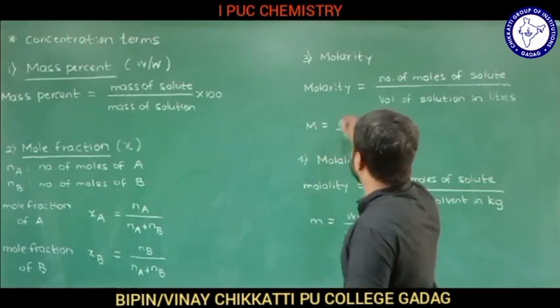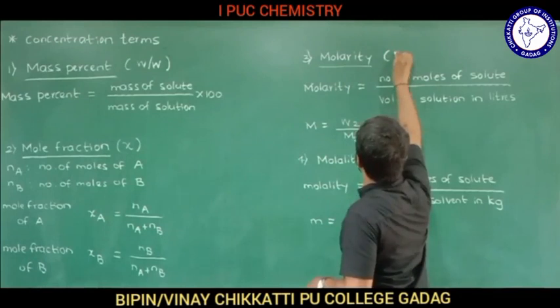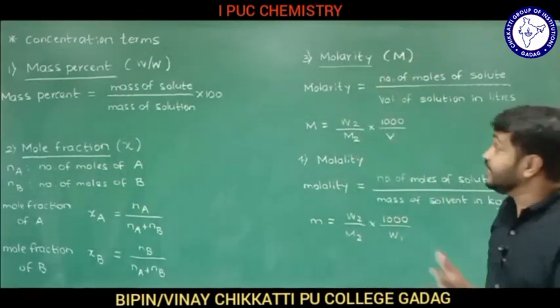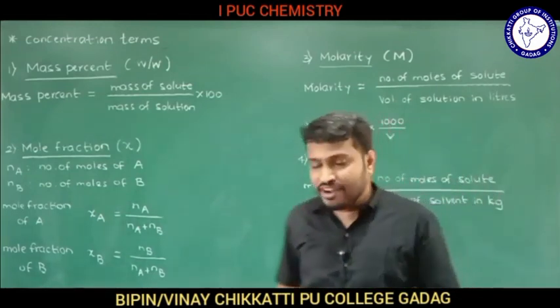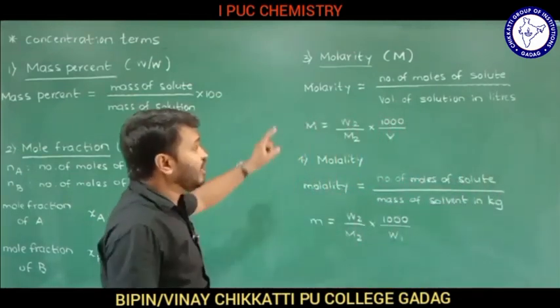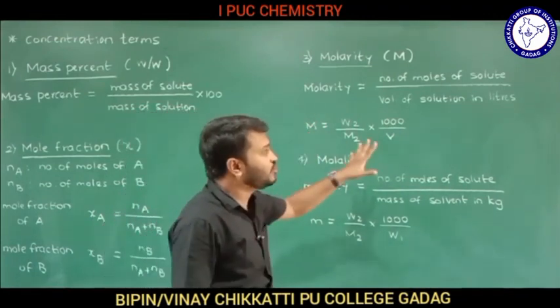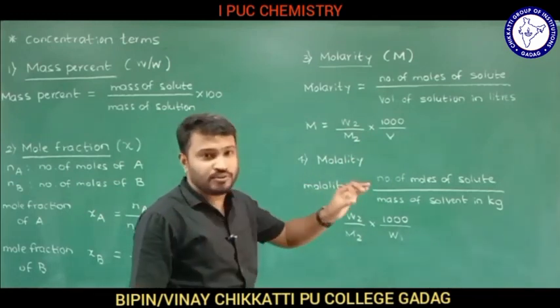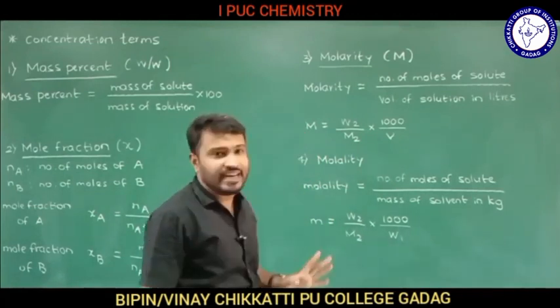The third one we'll see is molarity. Molarity is represented by capital M. Remember that: molarity, capital M. So what is the meaning of molarity? Molarity is defined as the ratio of the number of moles of a solute over the volume of a solution in liters. In simple terms, the number of moles of solute present in 1 liter of a solution is called molarity.